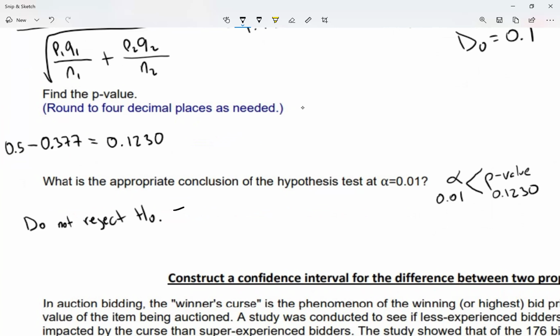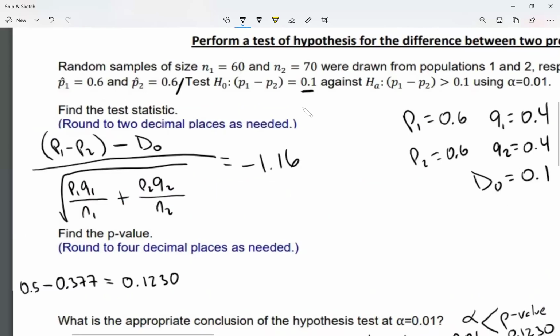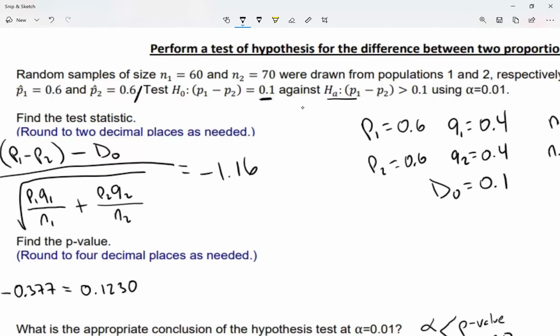I'm going to write, there is insufficient evidence to indicate that... remember while we were testing on the alternate hypothesis, p1 minus p2 is greater than 0.1.